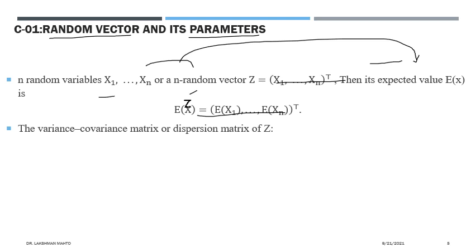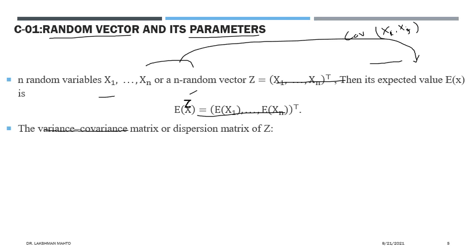If you take any two random variables xi and xj, then we talk about covariability between those two, which is covariance. And the covariance of xi with xi itself becomes a variance. So we have two terms, variance and covariance.